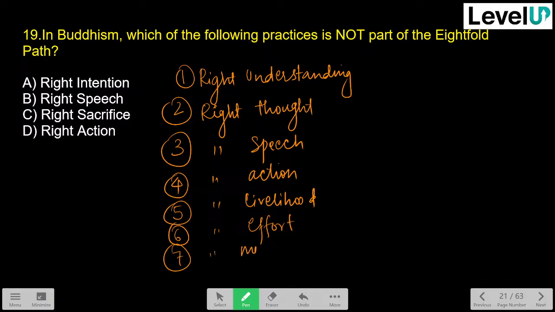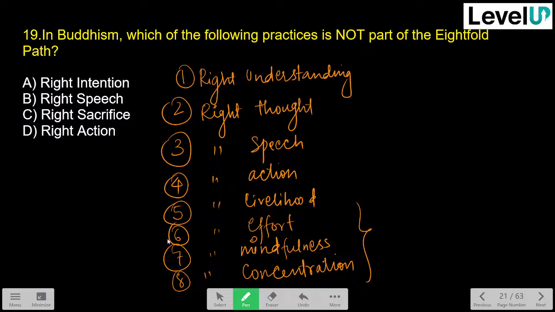Right mindfulness. And the eighth one is right concentration. These three are very important for us right now: right effort, right mindfulness, and right concentration. Even right thoughts we have to develop, and right understanding.